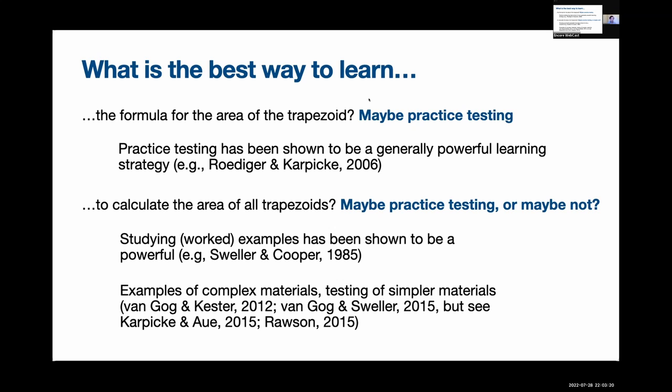Some in the past have argued that examples should be used with complex materials and testing with simpler materials. However, there's two problems with this. One is that this proposal does not seem consistent with some of the empirical evidence out there. And perhaps more importantly, it is hard to define what the complex material might or might not be in a consistent way.